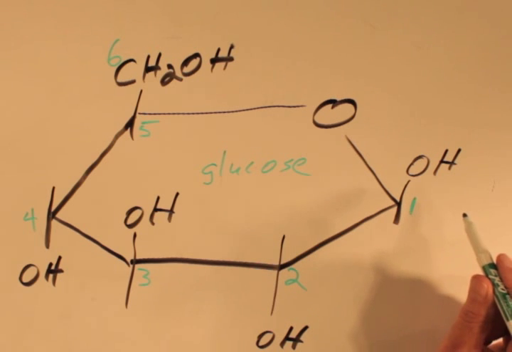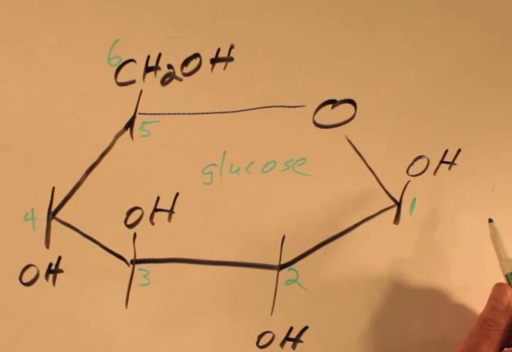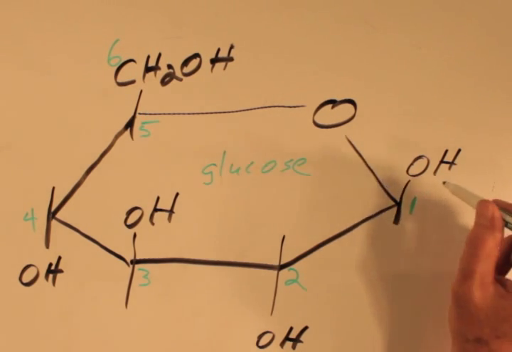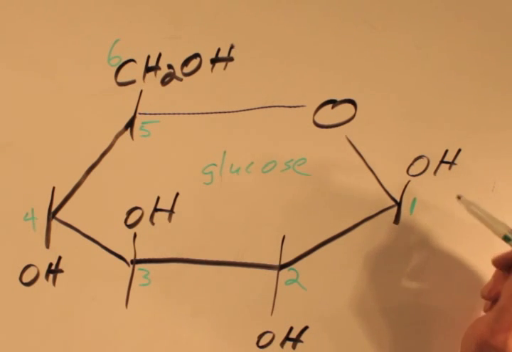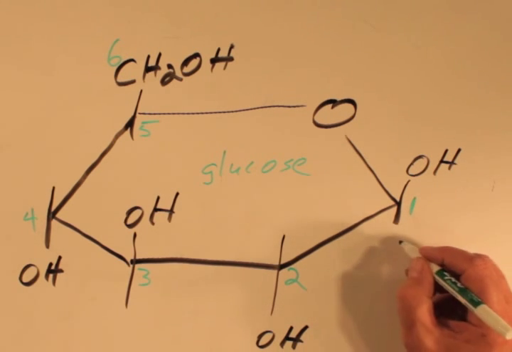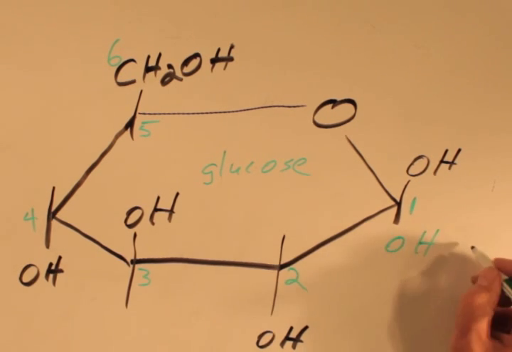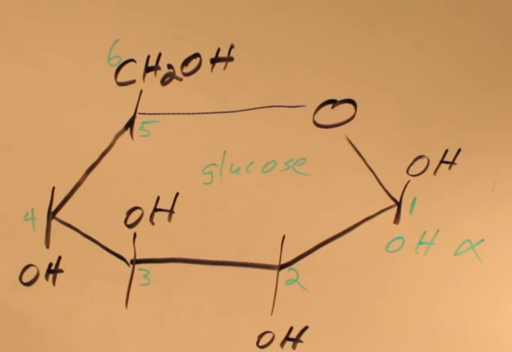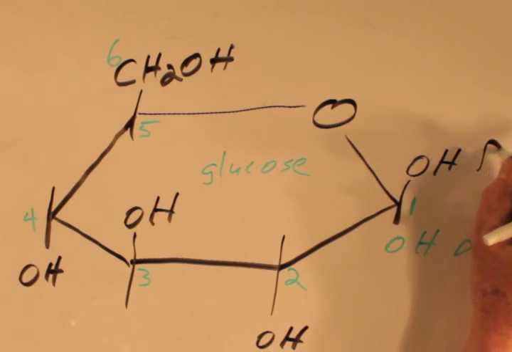The way this one is drawn, the hydroxyl group is up, which is the beta form. The difference between the beta glucose and the alpha glucose, so the alpha glucose is here and the beta glucose is here, is really rather staggering.